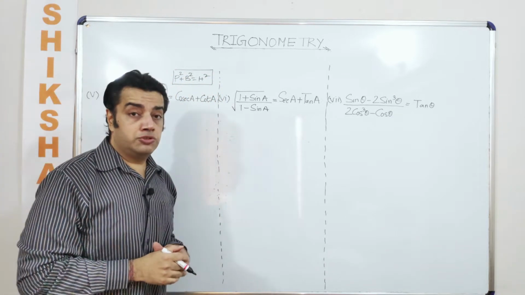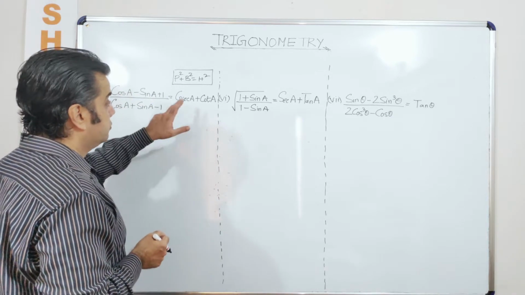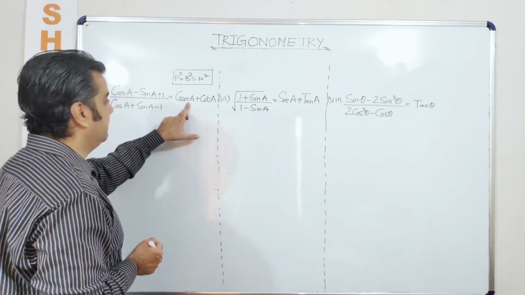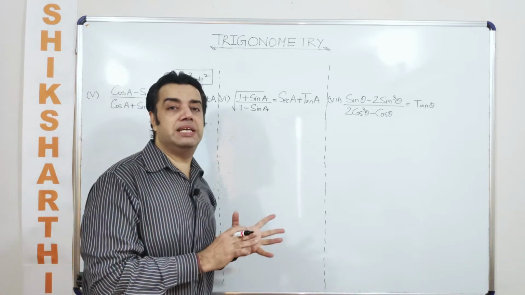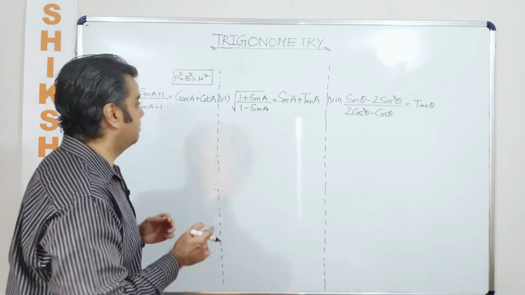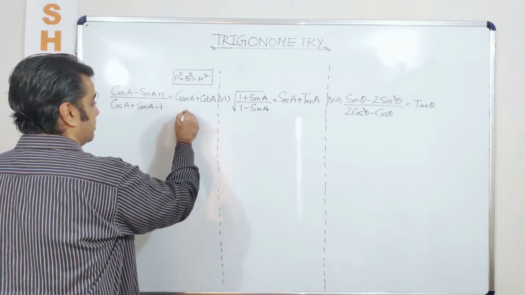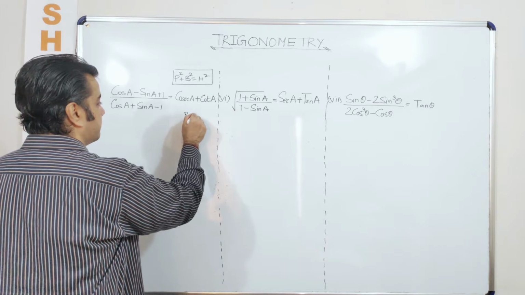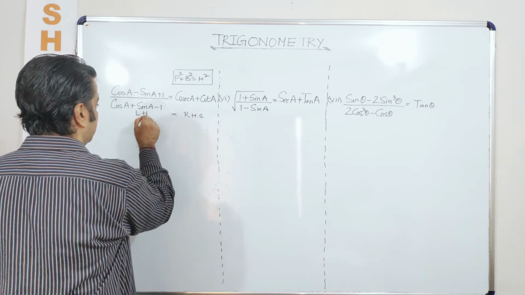Now what you are expected to do is always start off with the lesser complex term and then come down to proving the more complex term in terms of the lesser complex term. Let's say this is my right hand side value, and this is equal to my left hand side value.